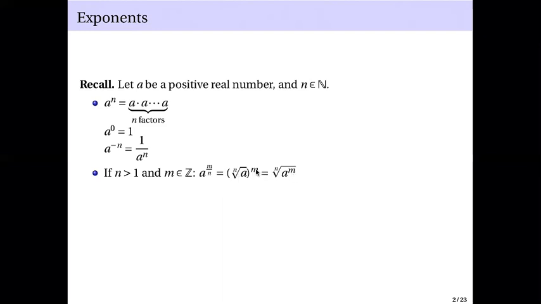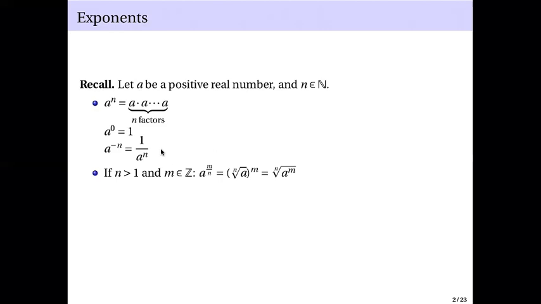So either we put the power m outside the radical, or we do the exponentiation first, like a to the m, before getting the nth root. And again, this is well defined because we are assuming a to be a positive real number.